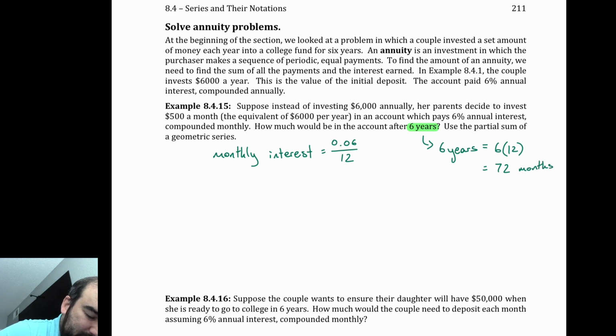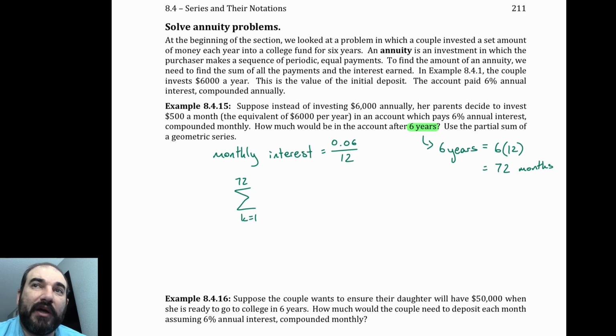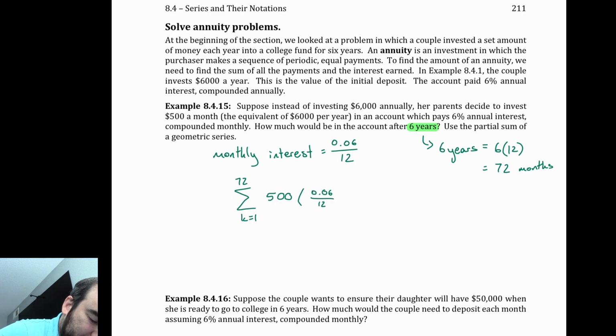So we're going to have a sum that goes from 1 to 72, because there are going to be 72 instances of interest being compounded. And they're putting in $500 a month, so our starting amount is 500. Our common ratio, the interest that's being compounded monthly, is this 0.06 divided by 12 number. And that's going to be compounded every month, starting with 1. So we'll take that to the kth power.